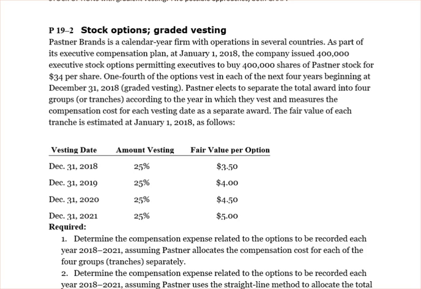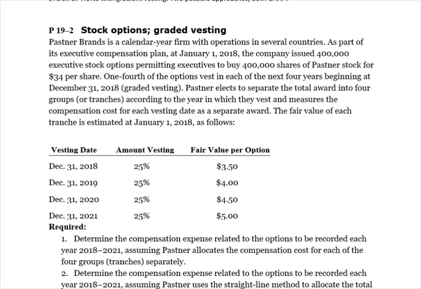Now, if you do that, and you put it into the tranches and you account for each one of those separately, the 2018 350,000 needs to show up as a part of compensation expense in 2018.